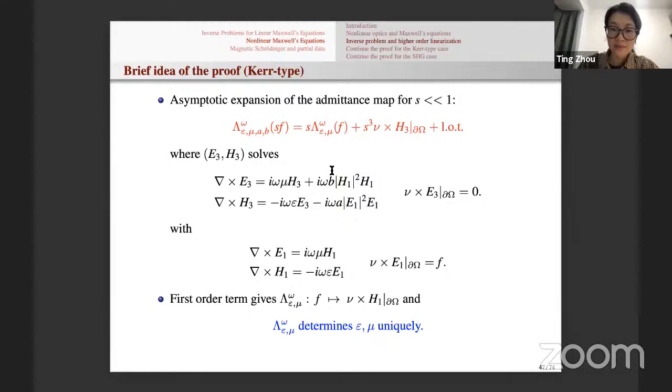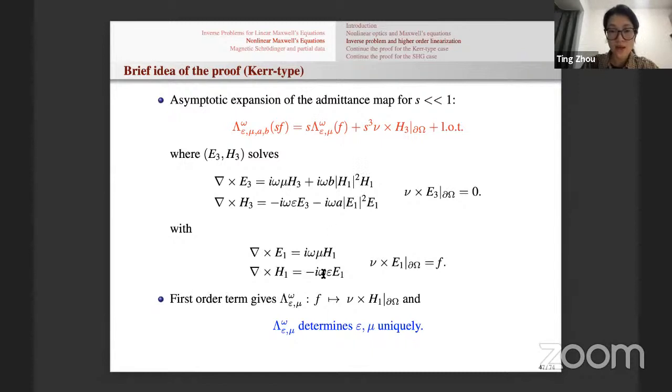And to recover A and B, you need to use the next term in the expansion. Notice that there's no second order term because your nonlinearity is a third order term to start with. So you only have the third term in the expansion. But you have this tangential of H3. Essentially, these are the fields generated by the nonlinear interaction of linear fields.